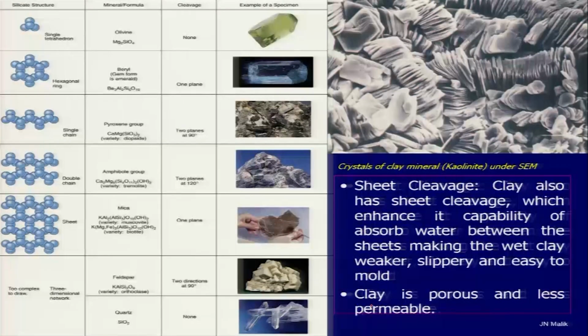So, it will hold water. In some areas when there is heavy rainfall, it may hold water, making the clay bed weaker in terms of its shear strength, and it will be the weak zone which will slip the overlying material.